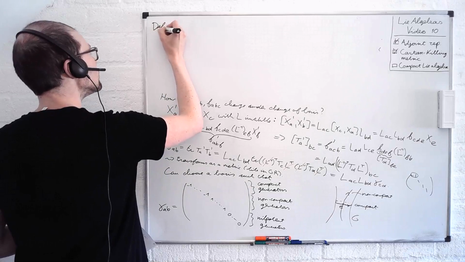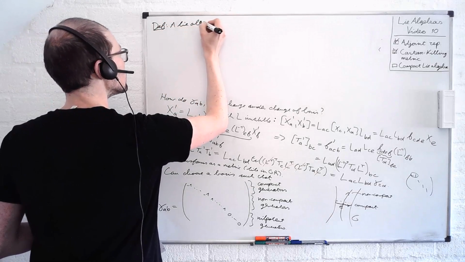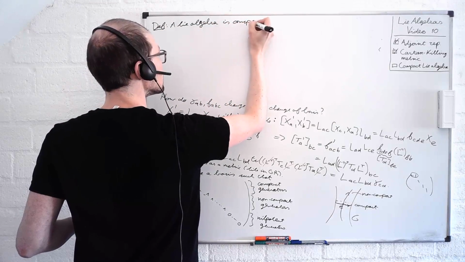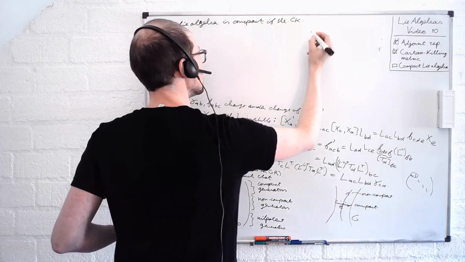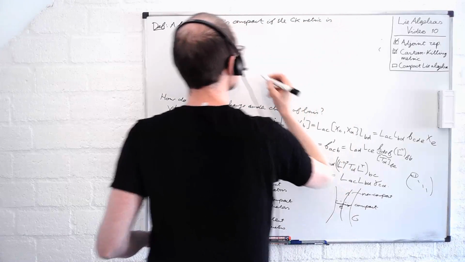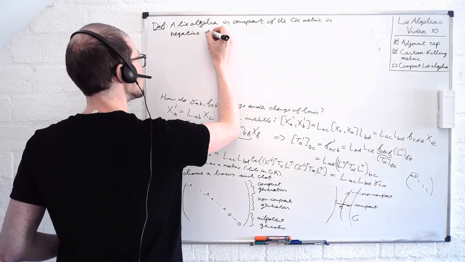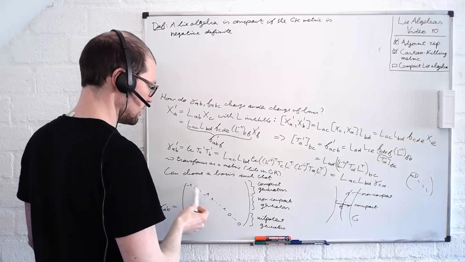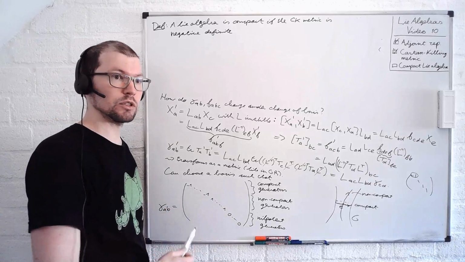Definition: a Lie algebra is compact if the Cartan-Killing metric is negative definite. So meaning that if you diagonalize it, you just have -1s on the diagonal.